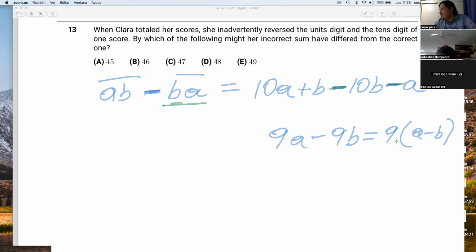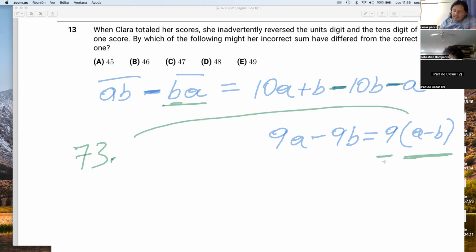Every time we will get 9 times something, so we are going to get a multiple of 9. For example, if he chooses 73, this formula says that we need to subtract 7 minus 3, and we are going to multiply this by 9. So the answer must be 36 in this case.